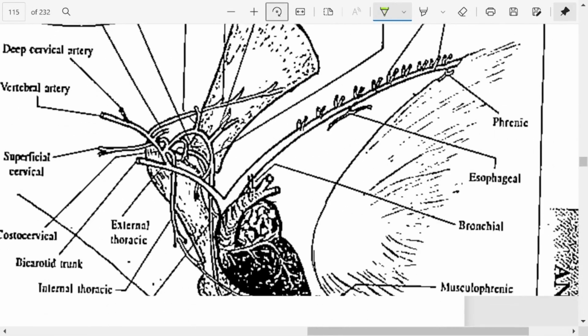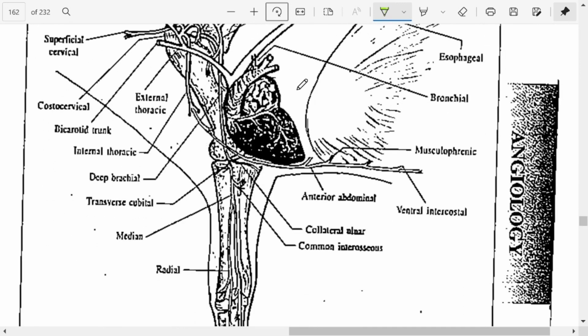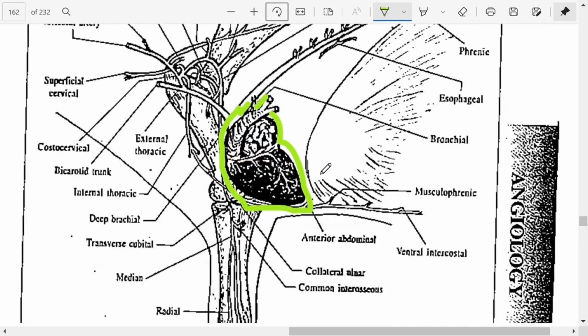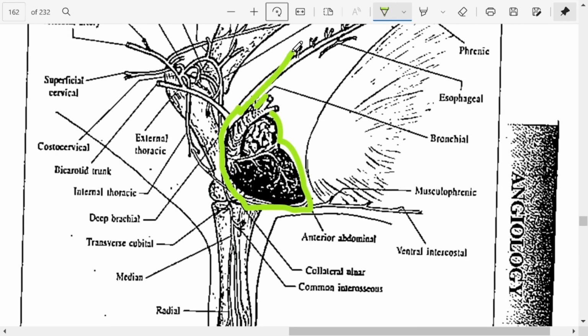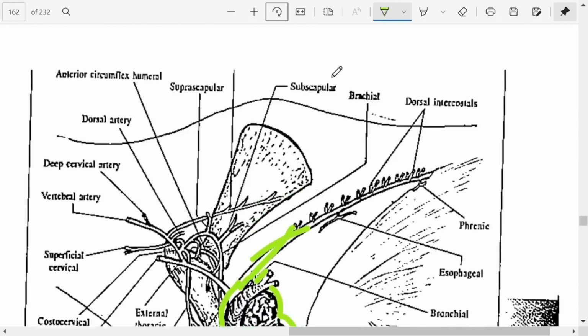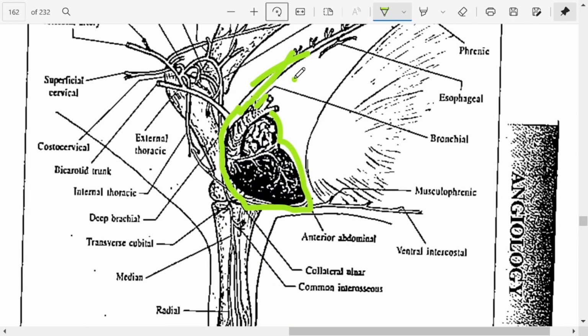Now, by this photo, in this region, you can see another demonstration of how the heart is located. And this is the aorta, and this is the brachiocephalic trunk.